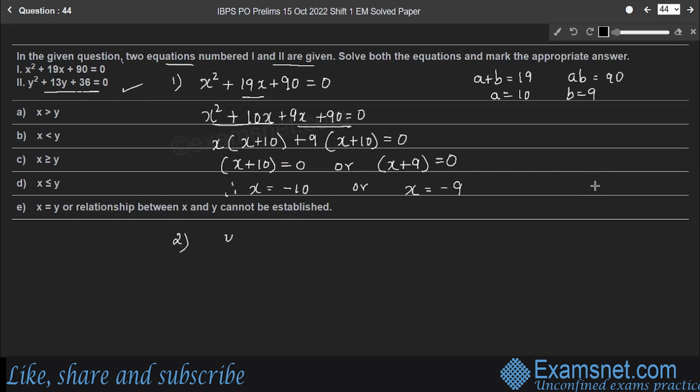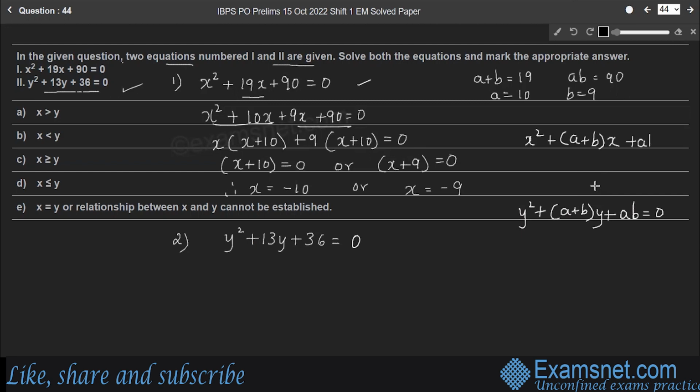So the second equation, y square plus 13y plus 36 is equal to 0. This type of equation is in the form of y square plus a plus b into y plus ab is equal to 0, whereas the first equation is x square plus a plus b into x plus ab is equal to 0.